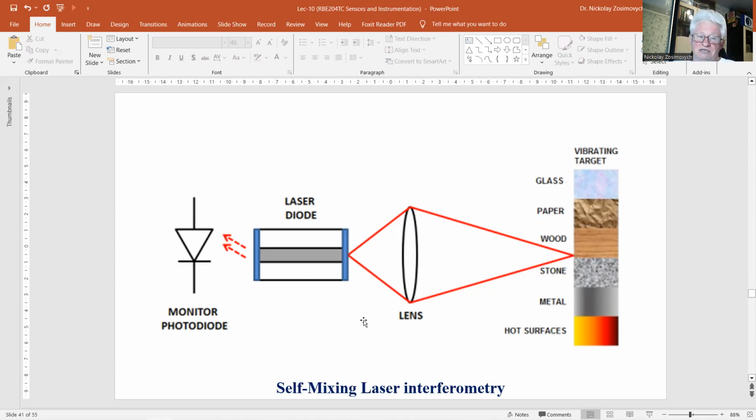When particular conditions with respect to phase and amplitude of the returning light are fulfilled, the laser beam shows power fluctuations that are more or less sawtooth shaped. The fluctuating intensity is detected using a photodiode at the back of the laser. One of the advantages of self-mixing interferometry is the more compact arrangement of the optical paths and simple alignment.